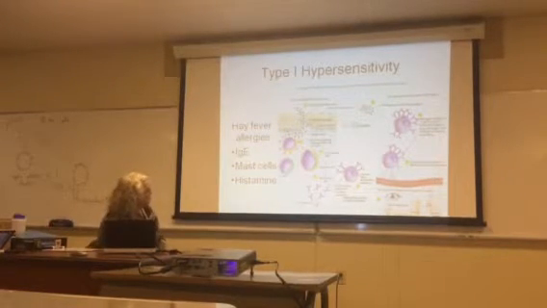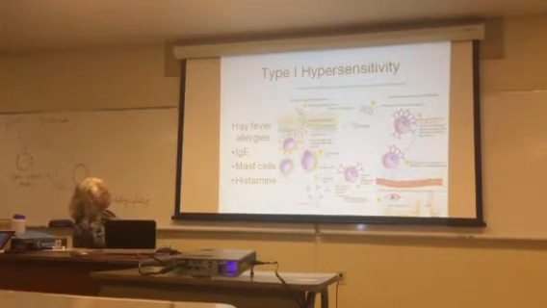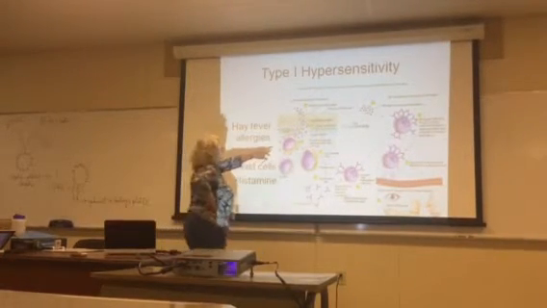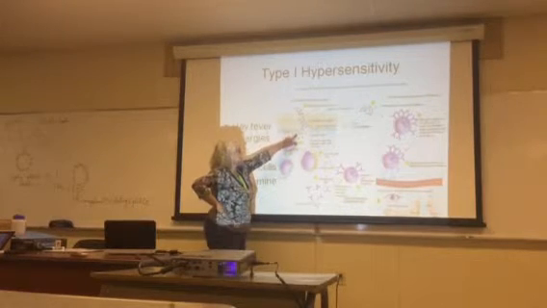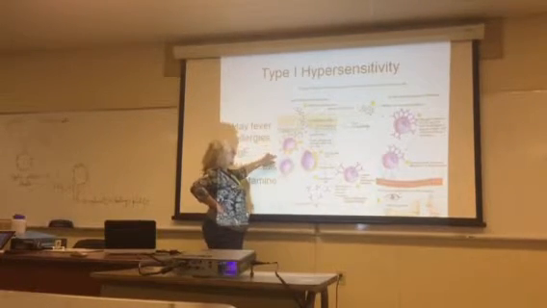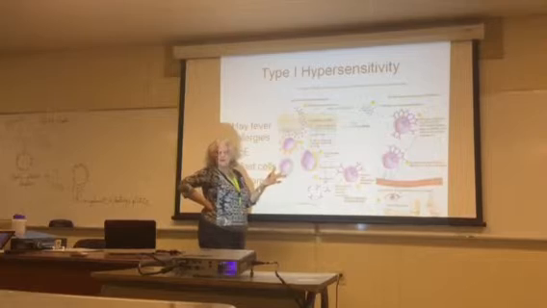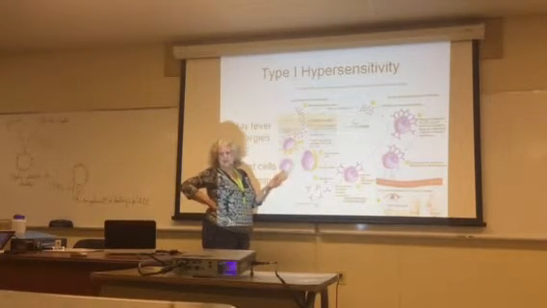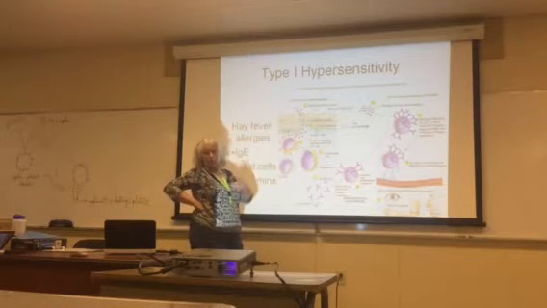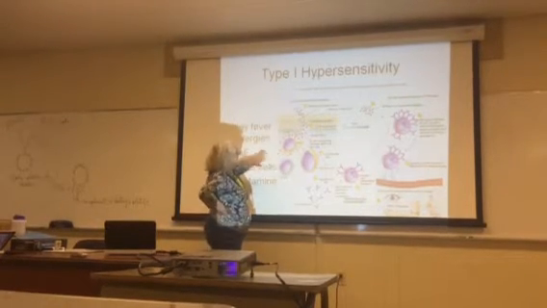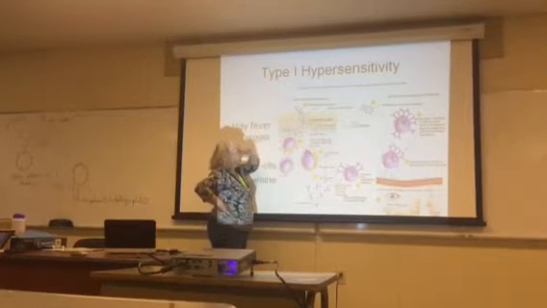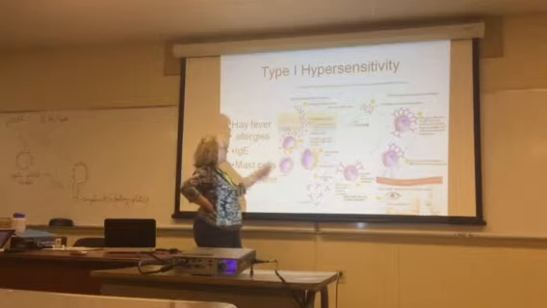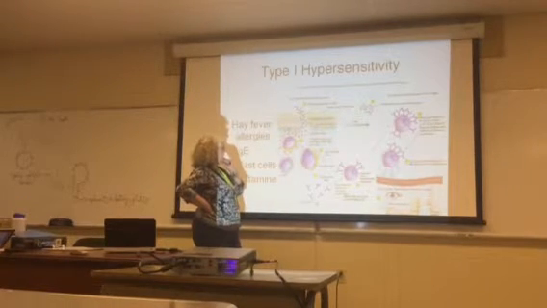So here's showing you your B cell, and here's the allergen that is coming in. On the B cell, we have antibodies that are surface receptors, right? One of those is IgD, an immunoglobulin. The allergens are going to hook up with that receptor site on the antibody.